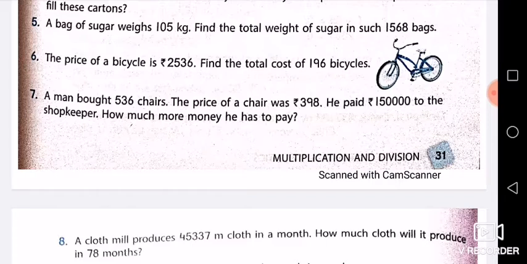Then he paid rupees 1,50,000, so that will be subtracted from whatever answer you get. From the price of 536 chairs, subtract 1,50,000. Fine. I hope this question is clear.